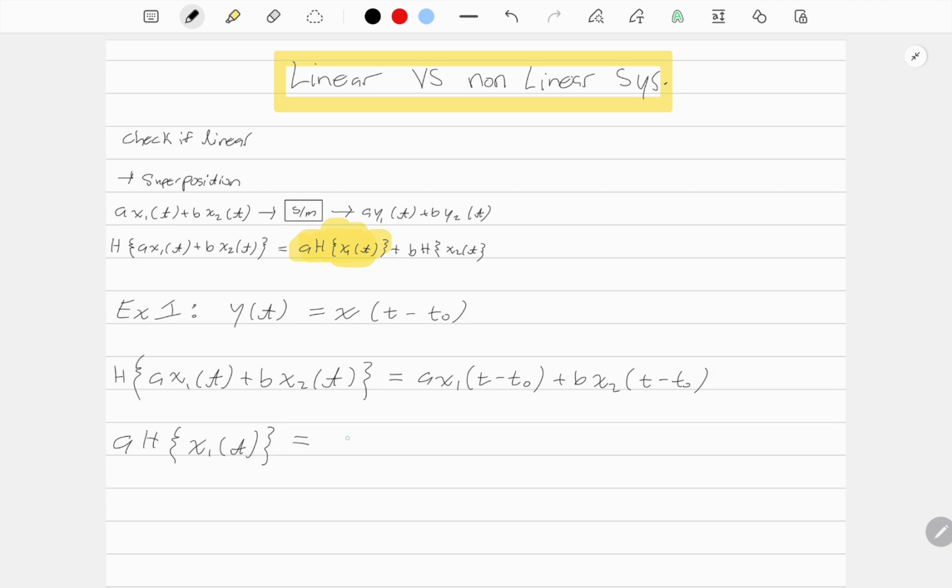We're going to first write a, and then that gets multiplied to the system, which, as we established before, turns every t you see into t minus t naught, which will give you x1 of t minus t naught.